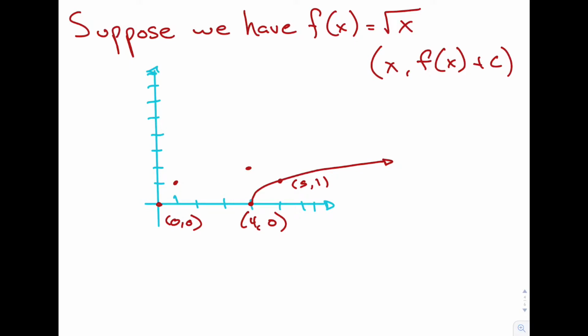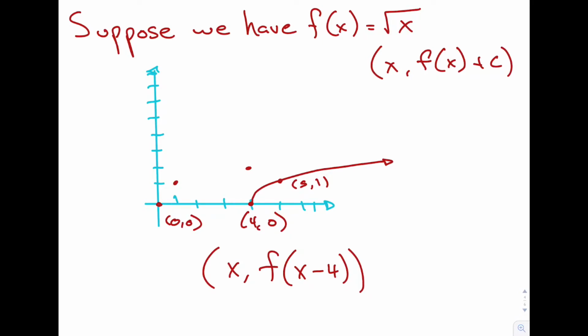So now for horizontal shifts, we need to take our x value, and when we feed it to the function, we need to subtract enough to get back to, quote, the original function, in the sense that the square root is the original function. That is, we have the coordinates x, f of x minus 4. So that gives us x minus 4.